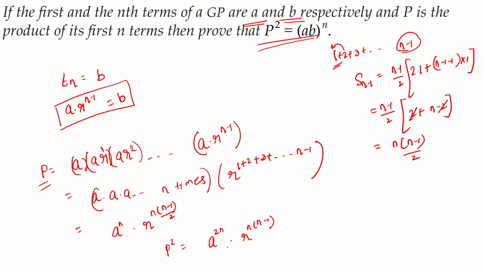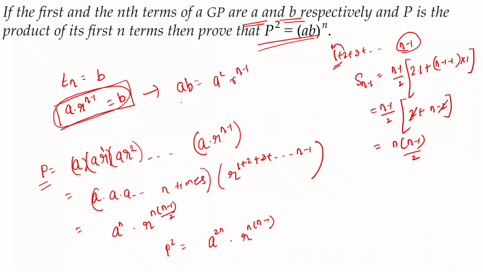Now we need to show that this is actually ab to the power of n. So what is b? This is b. So what is ab? From here we get that ab, we just multiply a on both the sides, so we get it to be equal to a square times r to the power of n minus 1.